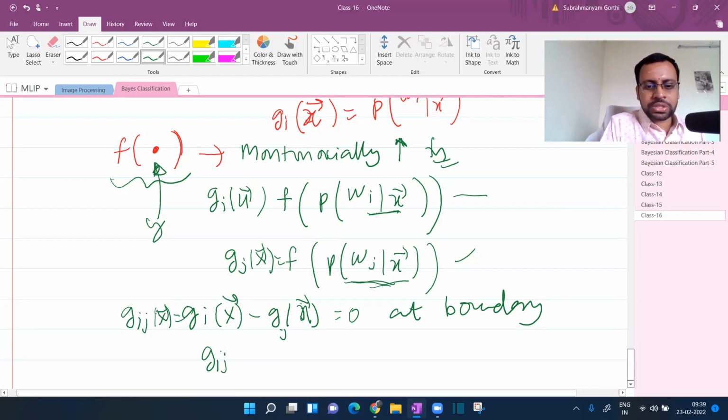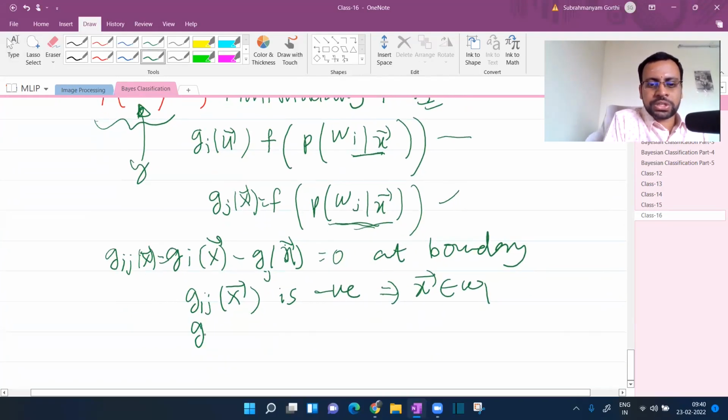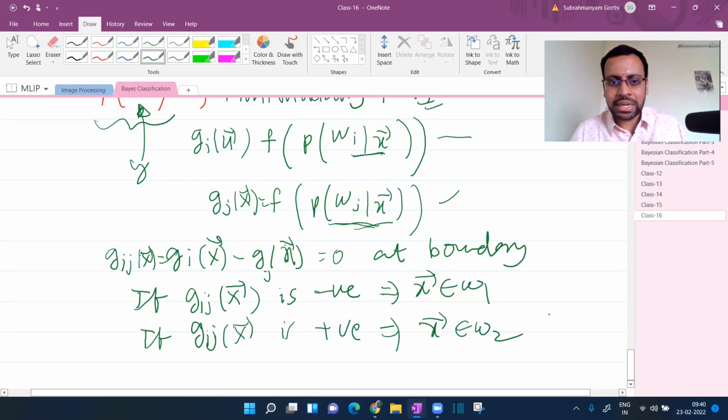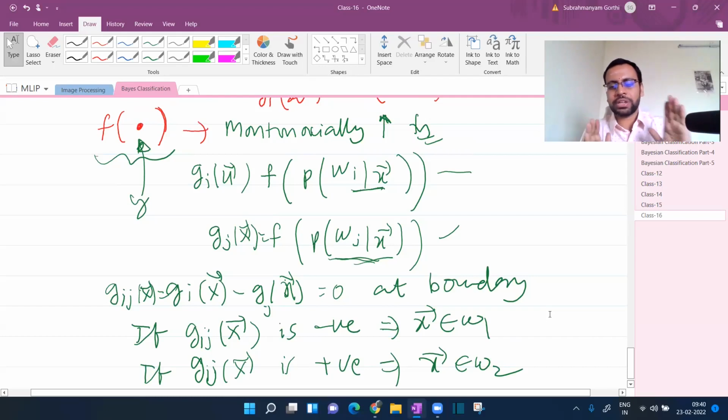So this Gij of x bar is negative, right? If this is negative, it means this x bar belongs to omega 1. If this Gij of x bar is positive, that means this x bar belongs to omega 2. Pay attention here. This is not a difficult one. You just need to get comfortable with this notation. That is all it is.